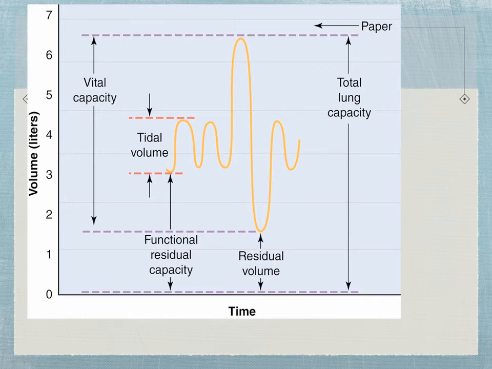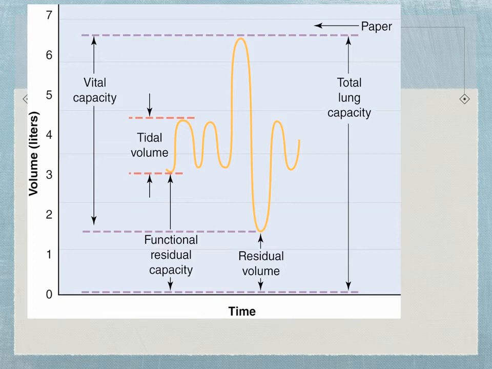So when we look at the capacity of our lungs to bring air in and out of our lungs, we have different things that we measure. And one thing is our tidal volume, which is the normal inspiration and expiration. So it's the normal breath that we take.